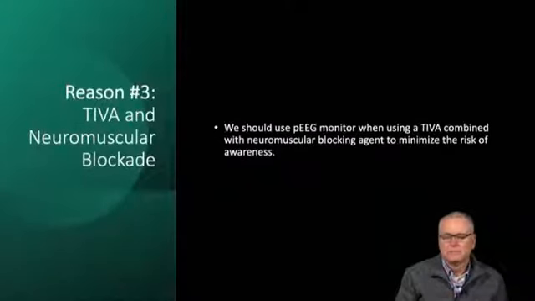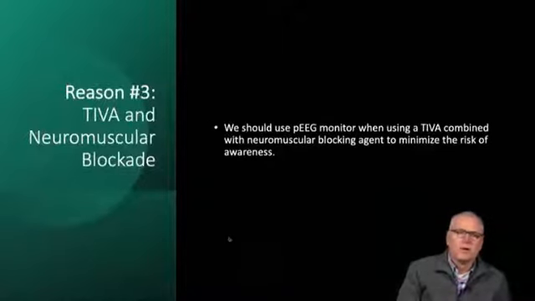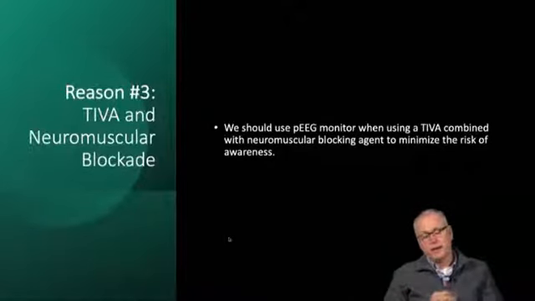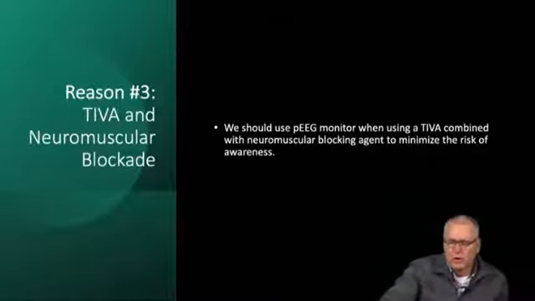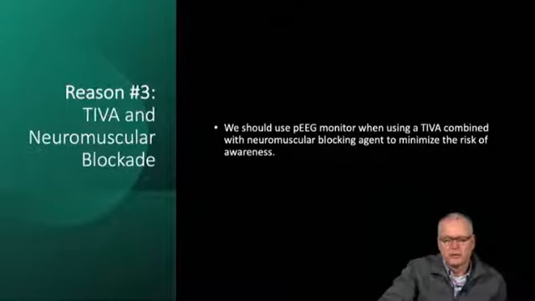And I think the driver there is that TIVA requires a free-flowing IV, requires that the drug be running the whole time, and that we look at it, and there is no alarm system available to confirm that we're giving drug, as there is with end-tidal agents.